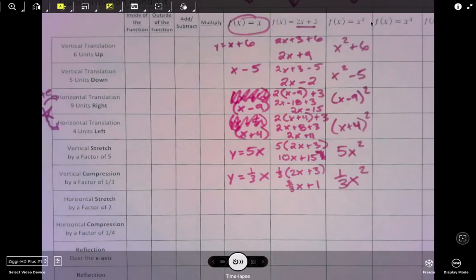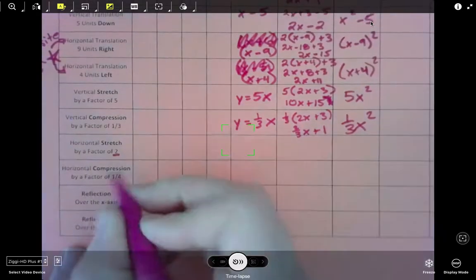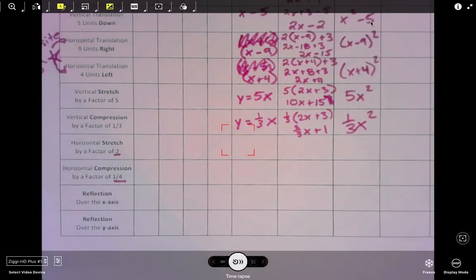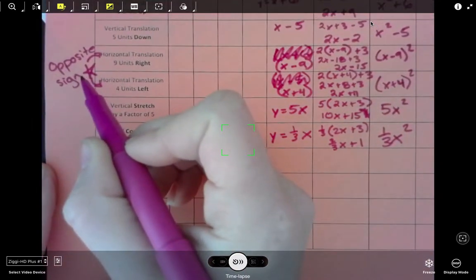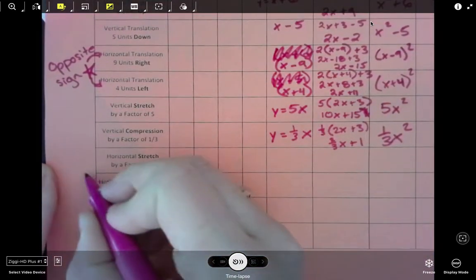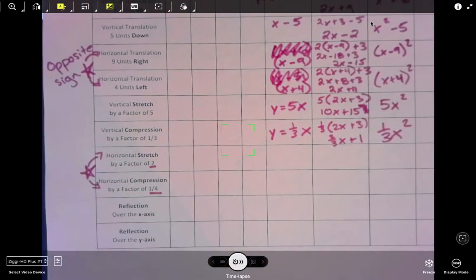All right. Horizontal stretch and compression. This one, we're stretching it by a factor of 2, and then we're compressing it by a factor of 1/4. Up here, when we were doing horizontal translation, funny business happened where we had to change the sign. Funny business is also going to happen down here when you're doing horizontal stretch and compression. Anything horizontal has funny business.